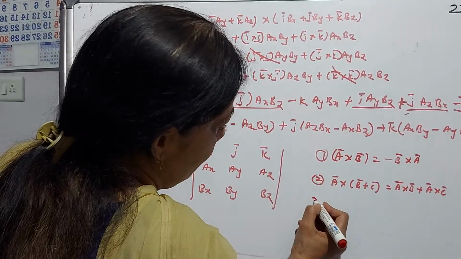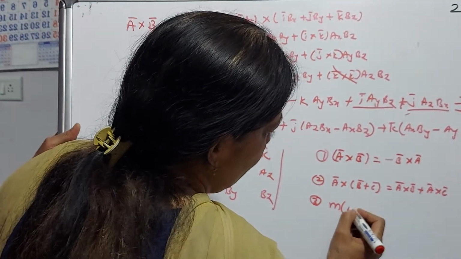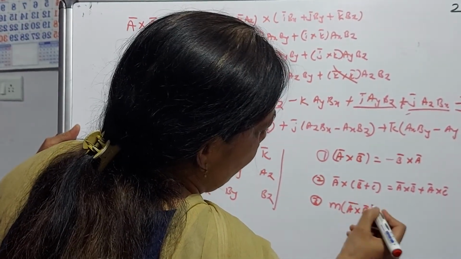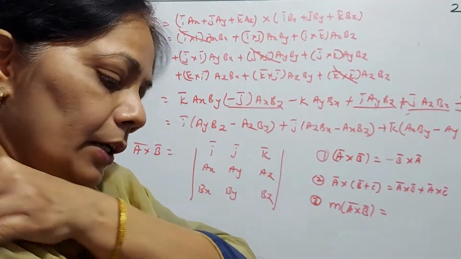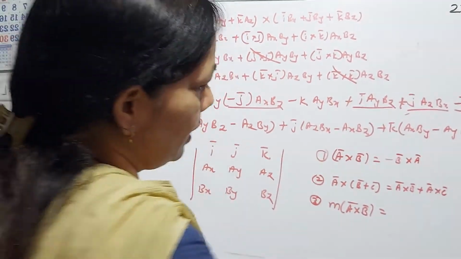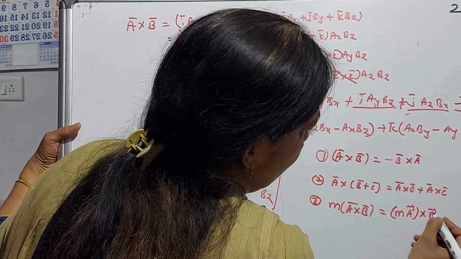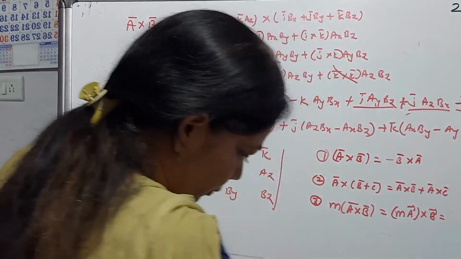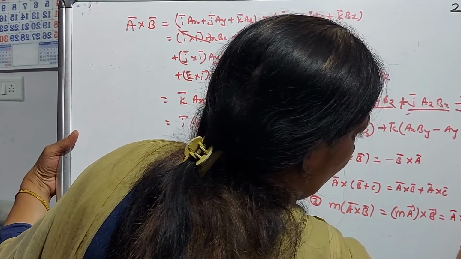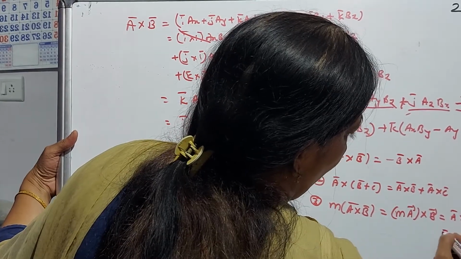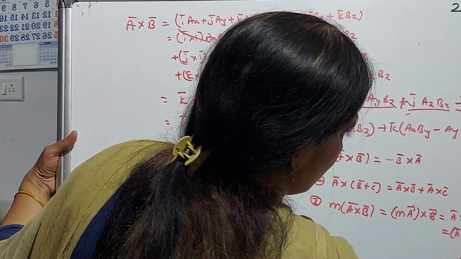And the third one, suppose I have a scalar m applied on a vector product. m with the vector product of a and b gives you different choices: m(a cross b), or a cross mb, or (a cross b) with m outside the bracket.